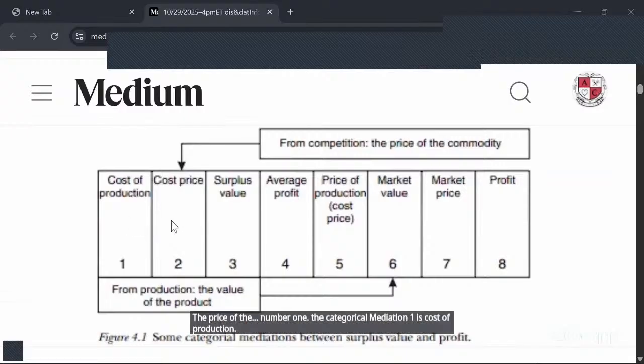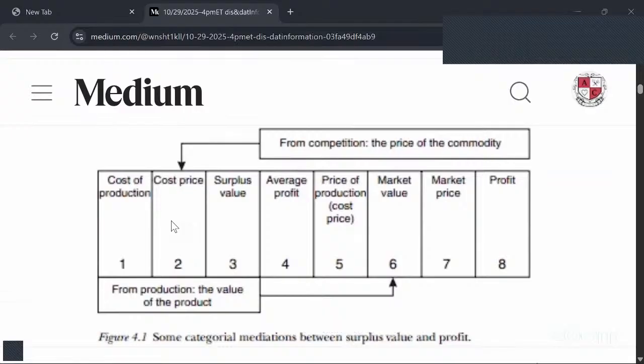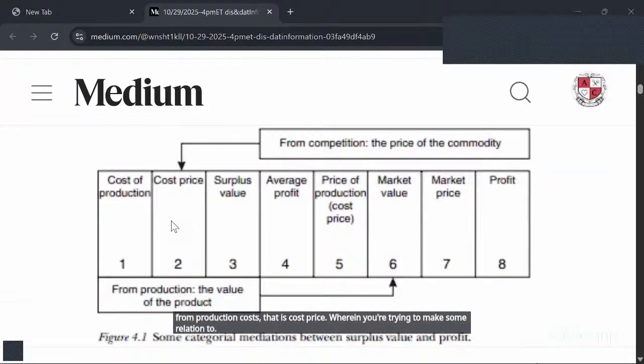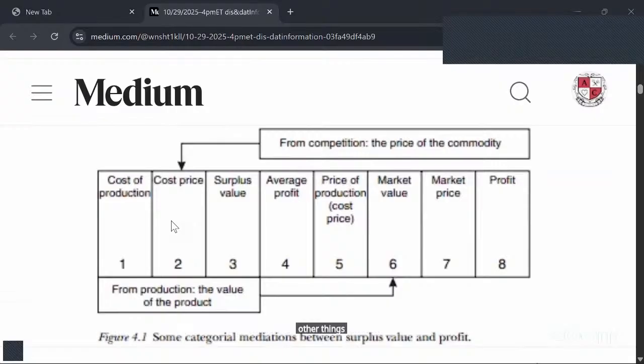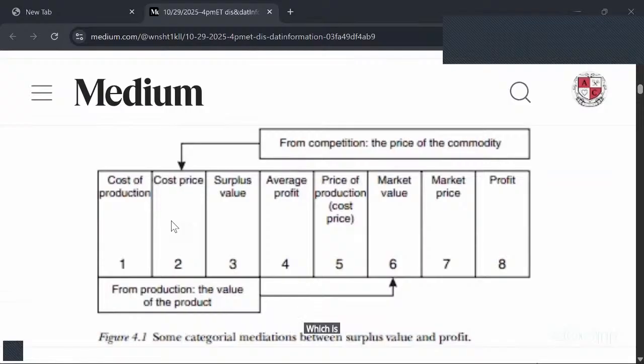Then the price of the commodity derived from production costs, that is cost price, wherein you're trying to make some relation to other things like the market value. And then after that is surplus value, then average profit, then price of production, which is cost price.